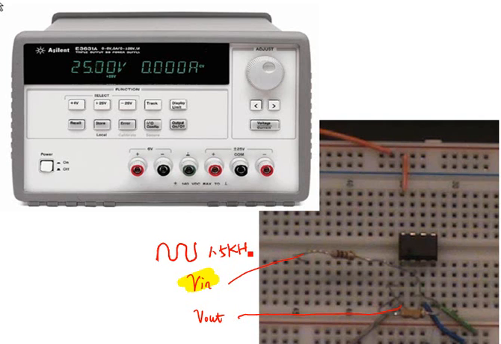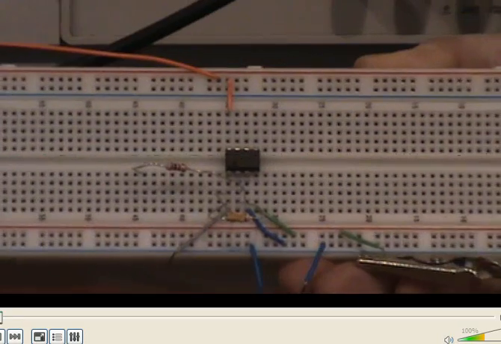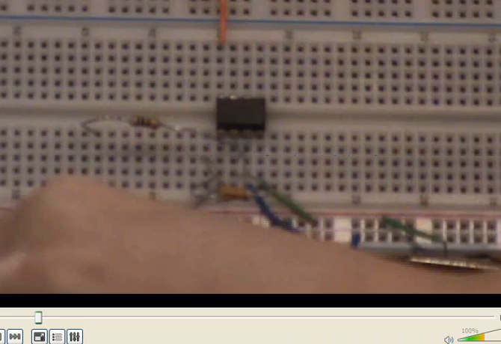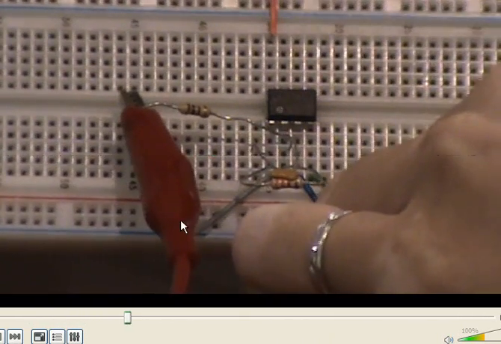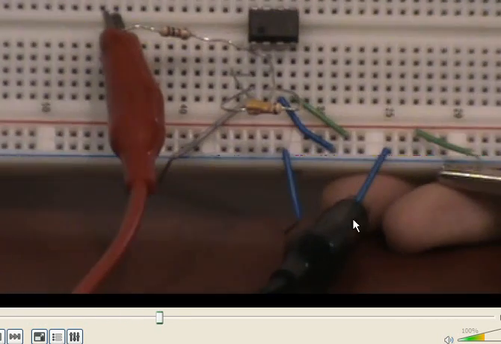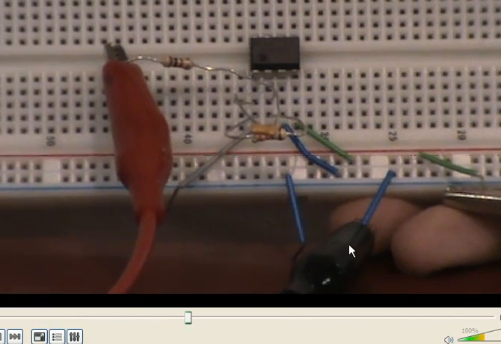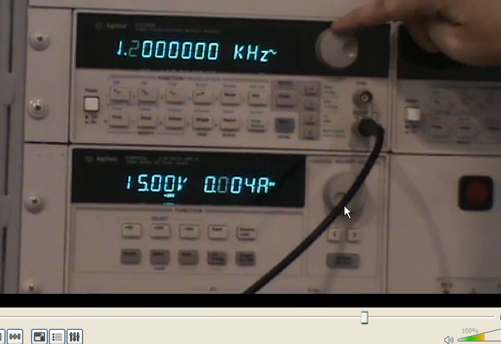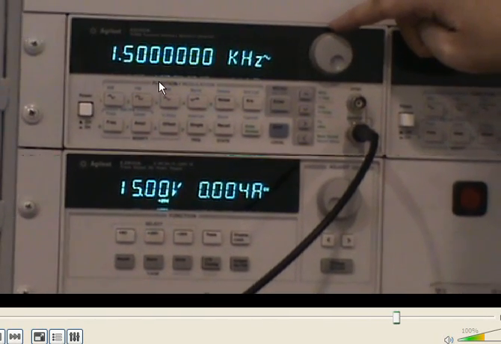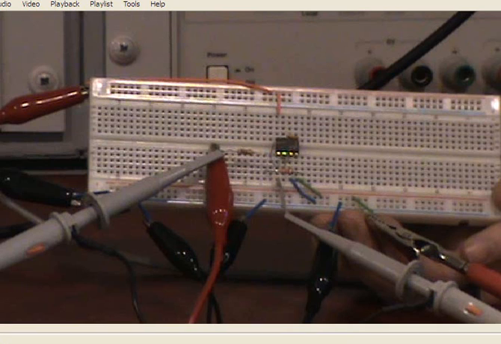The input should be a 1.5 kilohertz sinusoidal signal. So we connect the function generator output here, with reference to common ground. The positive lead and negative lead of the function generator are connected. We'll adjust the output frequency of the function generator to be 1.5 kilohertz.